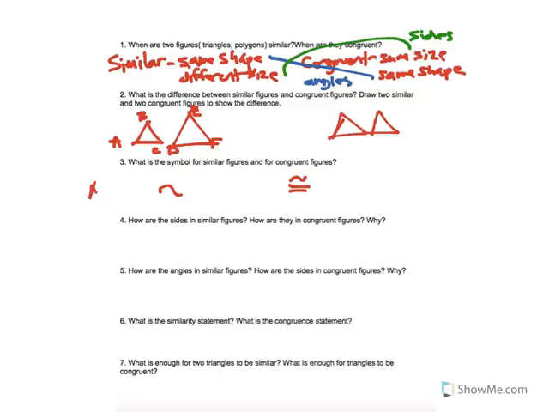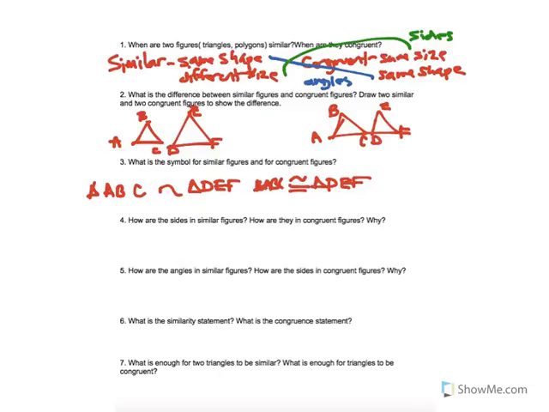We would write triangle ABC is similar to triangle DEF. And then up here with our congruent triangles, we would write triangle ABC is congruent to triangle DEF.